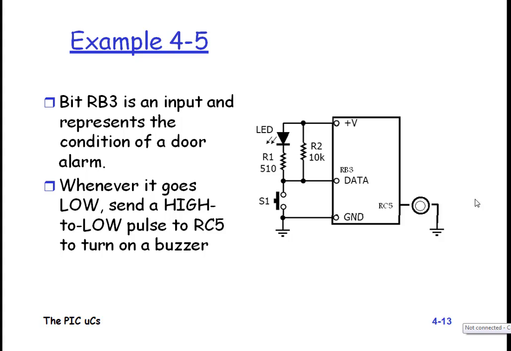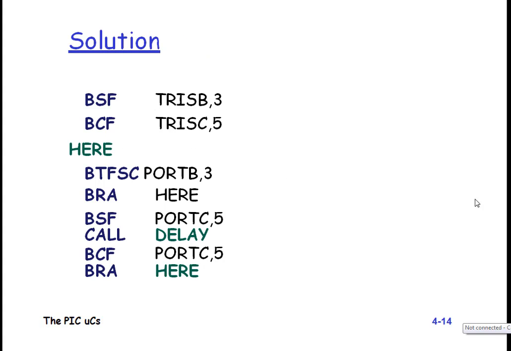Whenever it goes low, send a high-to-low pulse to RC5. You see where RC5 is in the figure, and then the buzzer will be on. There is a solution of this program.